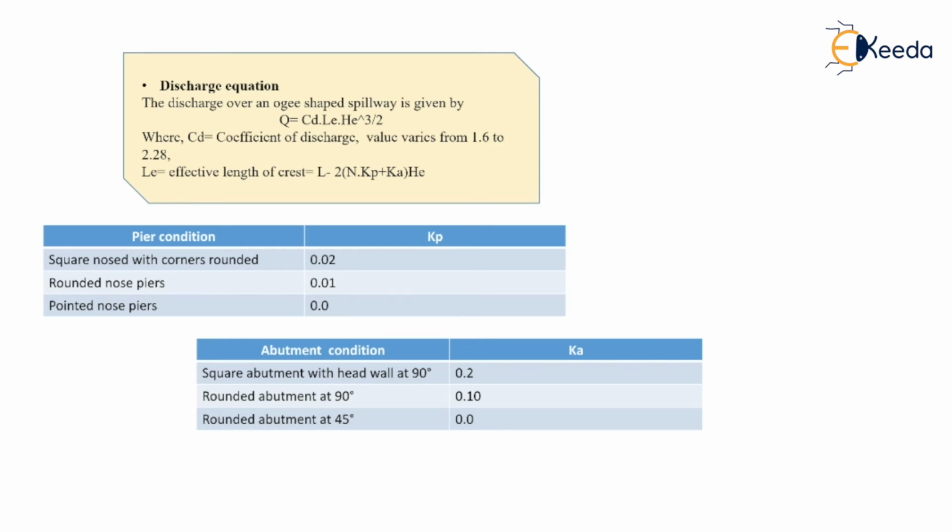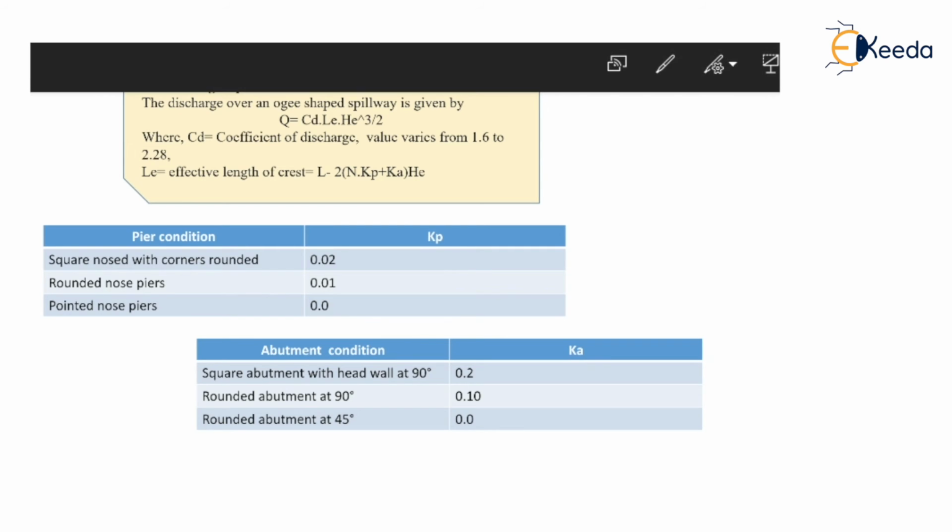Now let's see how we find out the discharge for the Ogee Spillway. When we have adopted the Ogee shaped spillway, here is the equation. Q is equal to Cd, the coefficient of discharge, into Le, the effective length, into He, the total energy head, or we can adopt the design head also, raised to 3 by 2.